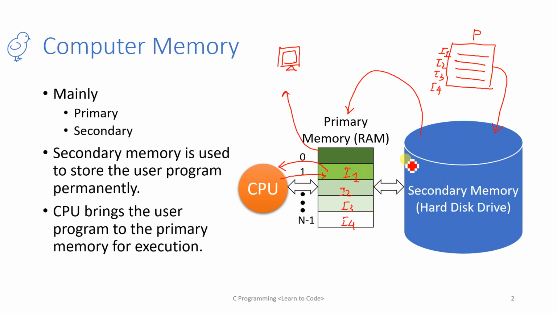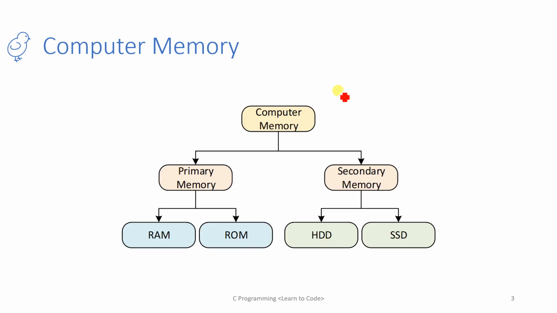But for the sake of completeness, let us discuss what are the different categories of computer memory present. I have used a minimal categorization so that you can easily understand the content properly. So here you can see computer memory is actually divided into 2 types.